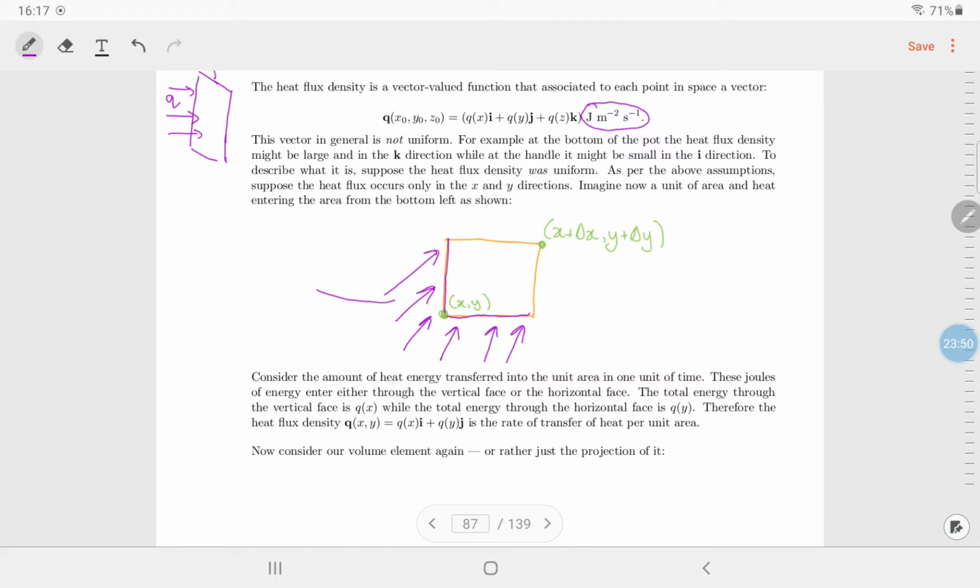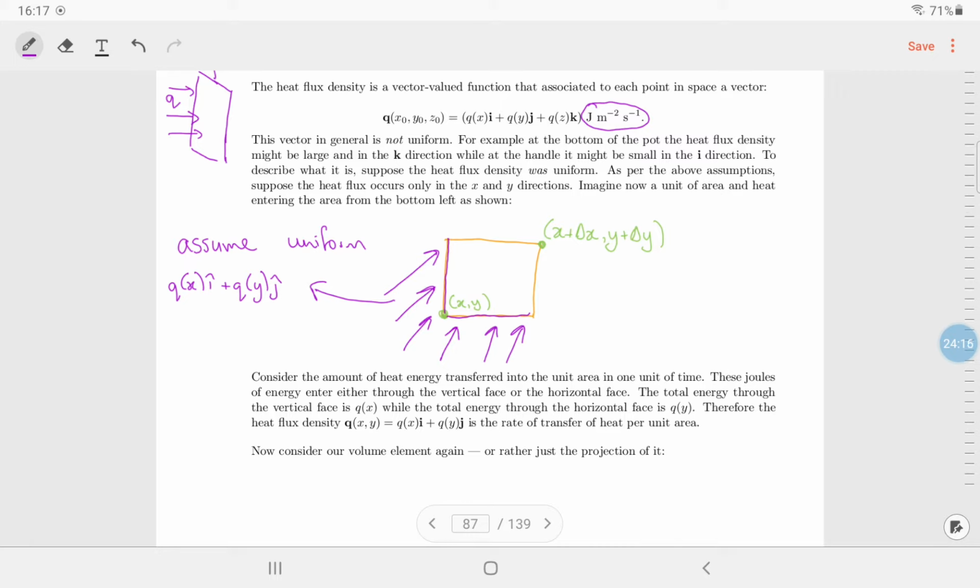So assume this is a constant field, and what value are we going to pick? The value at the coordinate x, y. So we'll say uniform field q of x i plus q of y j. Okay, so it's just a fixed vector, basically.